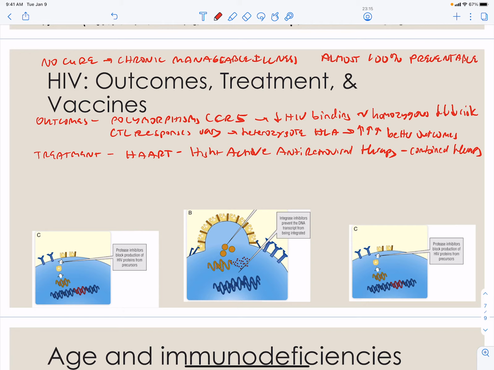And so the likelihood of one virus having a mutation that would be protective or would be escaping all of the different drugs would be very low. You can have one mutation that will confer protection against a particular drug, but the other drugs would be able to eliminate the virus. And so the drugs are going to typically include a reverse transcriptase inhibitor.